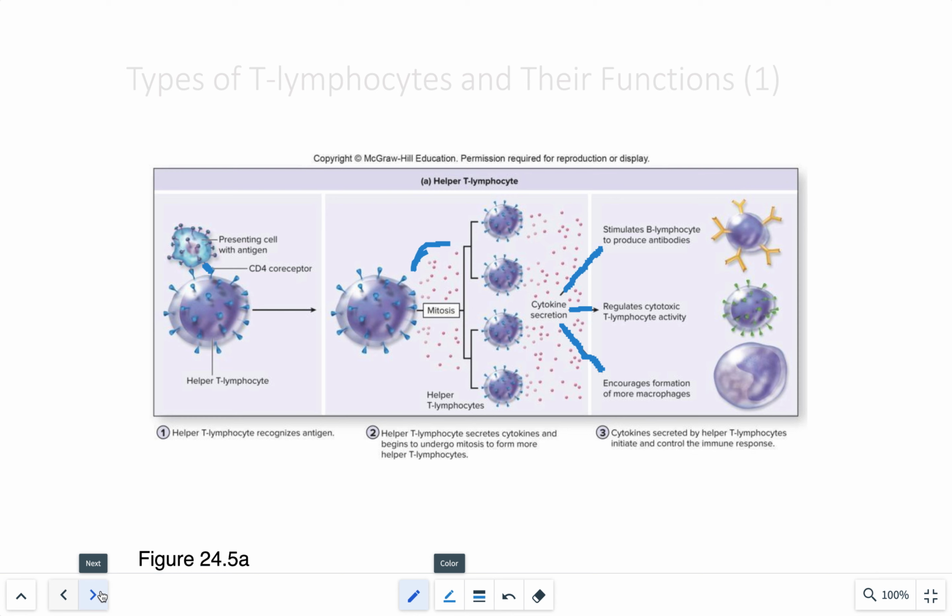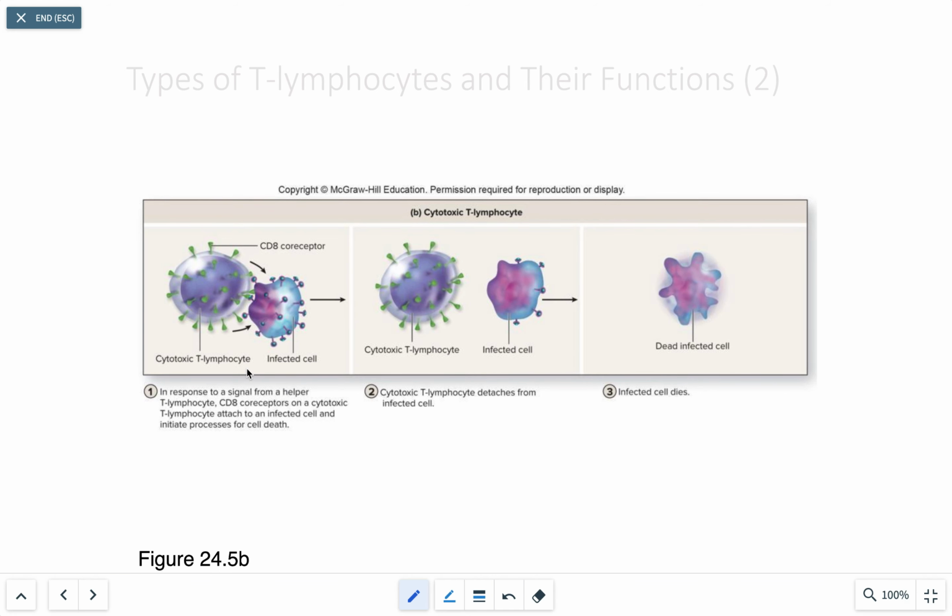So the first type that we'll look at, other than the helper T lymphocyte, will be the cytotoxic. Their coreceptor, or T8 cell, is located here. So the CD8 coreceptor, otherwise known as a T8.